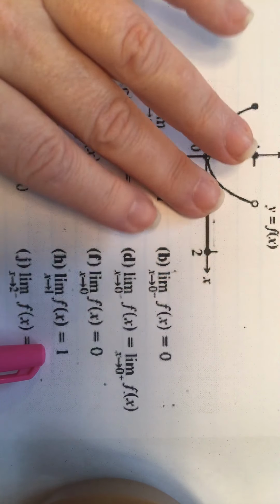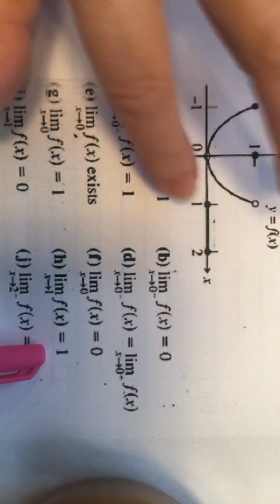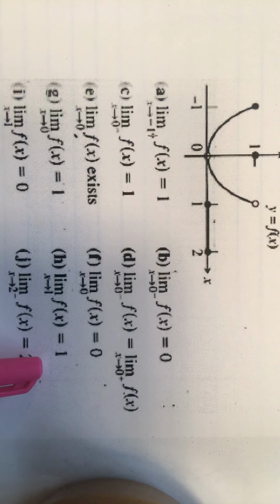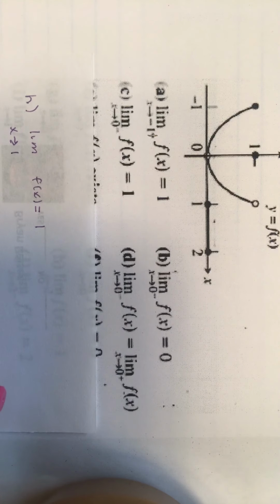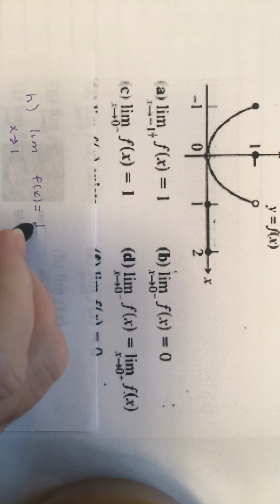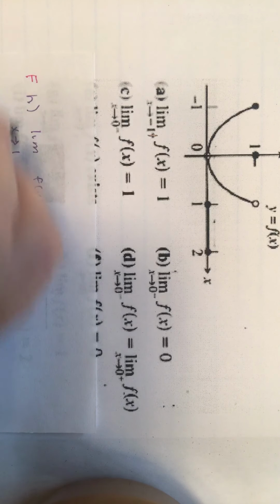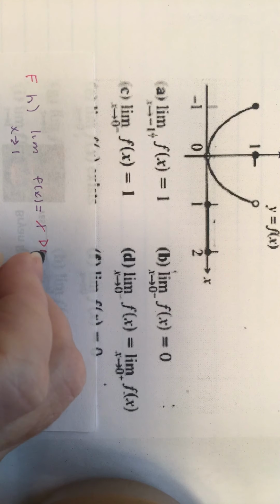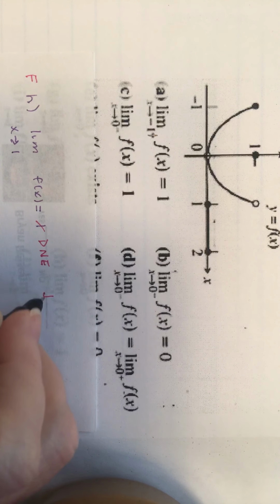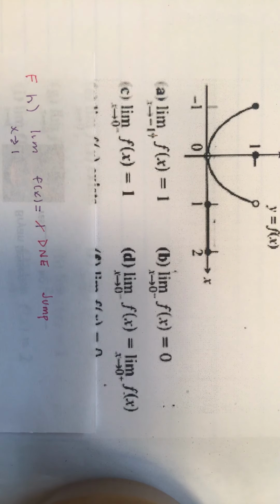The left side doesn't connect to the right side with an open or a closed circle. This is a jump, so the limit does not indeed exist. And so this is false. We would have to say this is false, and the limit does not exist because we can see it's a jump.